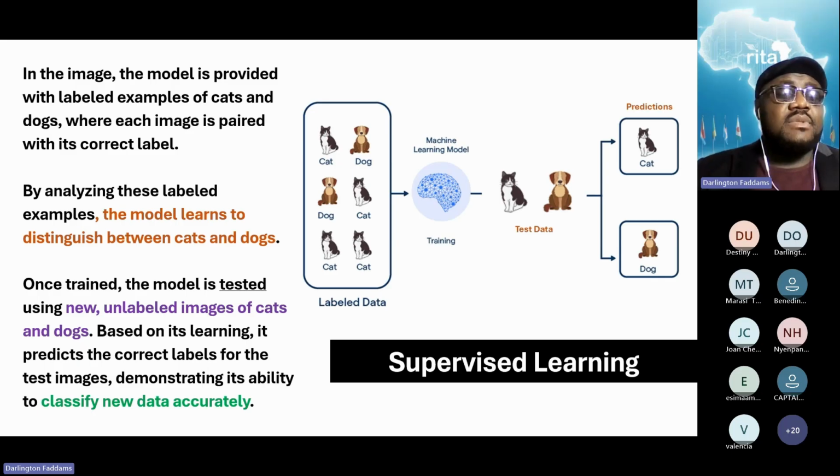So the cat has its label, the dog has its label. By analyzing these labeled examples, the model learns to distinguish between cats and dogs. Once the model is tested using new unlabeled images of cats and dogs, based on its learning, it predicts the correct labels for the test images, demonstrating its ability to classify new data accurately.